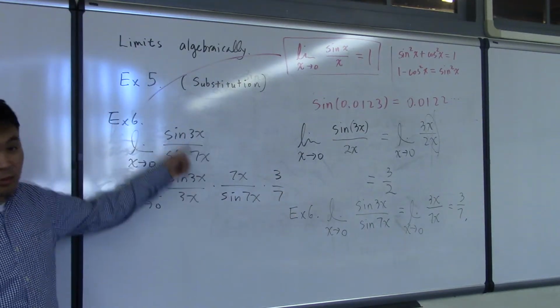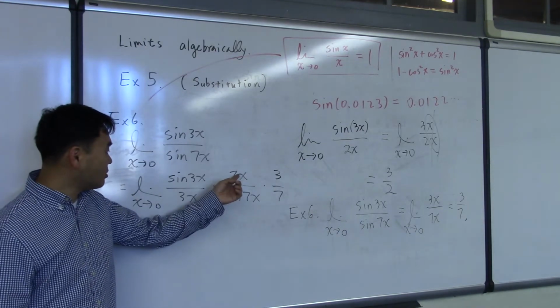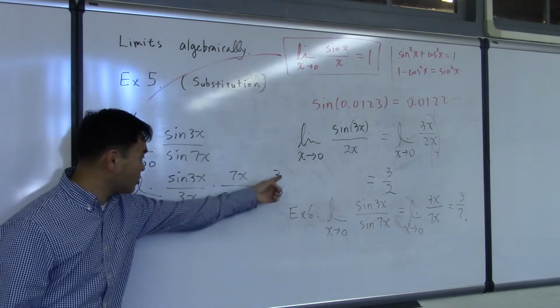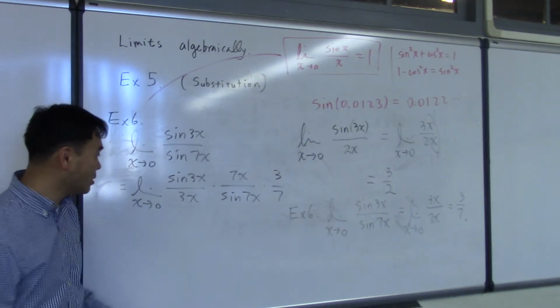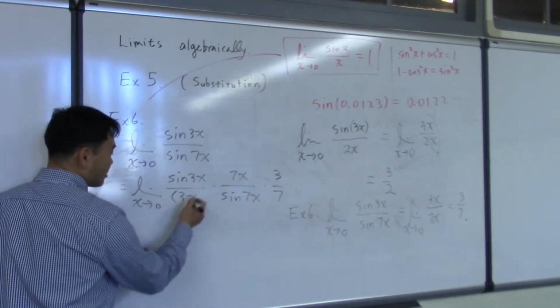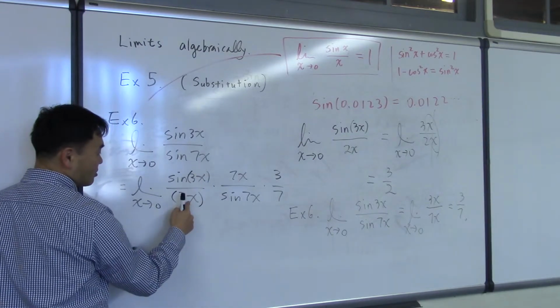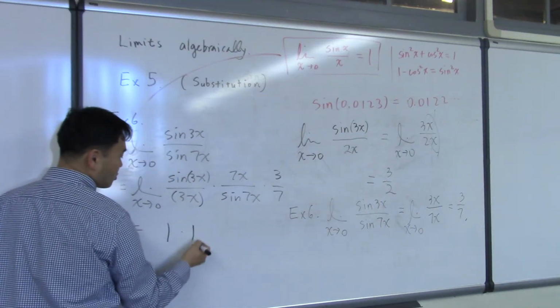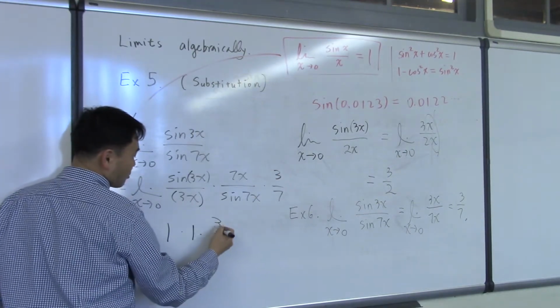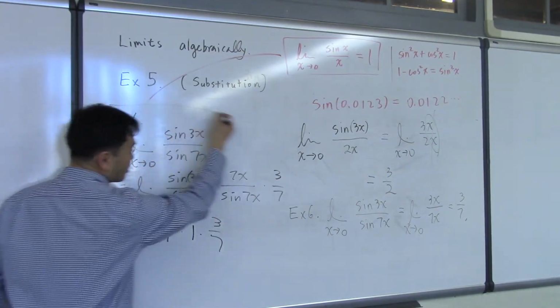These two are the same, because you can see the 7 cancels, the 3 cancels, the x cancels. Now why did I do this? That's because these two pieces each converge to 1, and that leaves 3 over 7. That's how you get the answer.